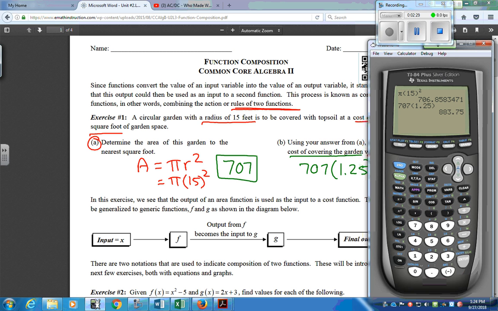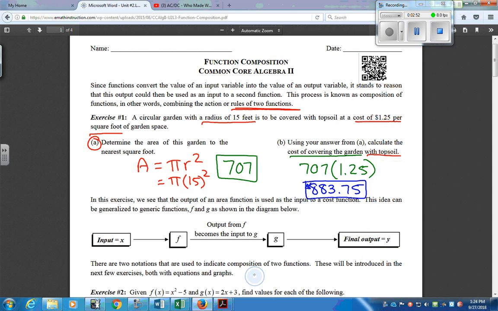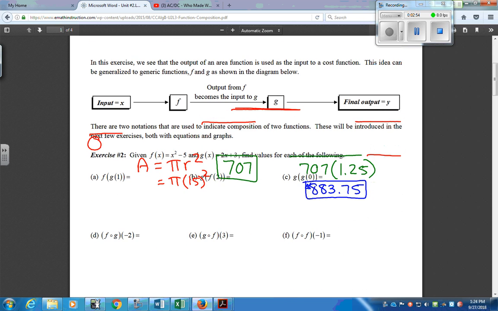So my final answer will be a total of $883. So again, the idea here, like we've talked about before, is you've got two different rules taking place. We've got a formula we're using, and then we're multiplying by 1.25. So we're going to look at some examples on the other exercises.